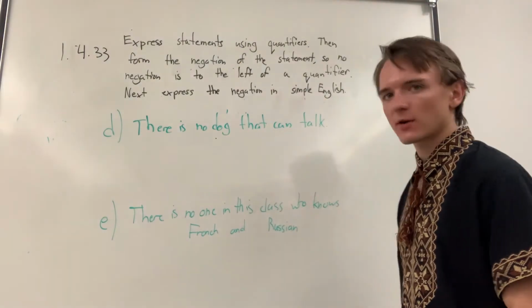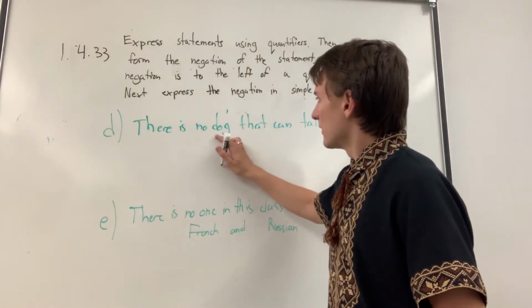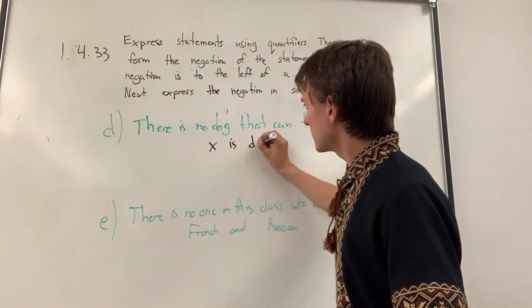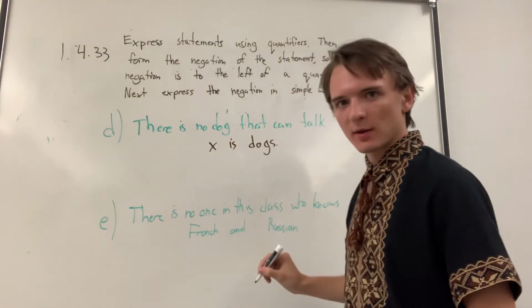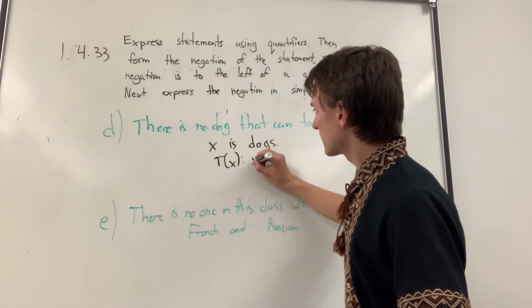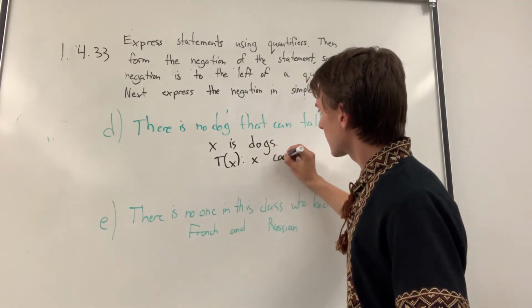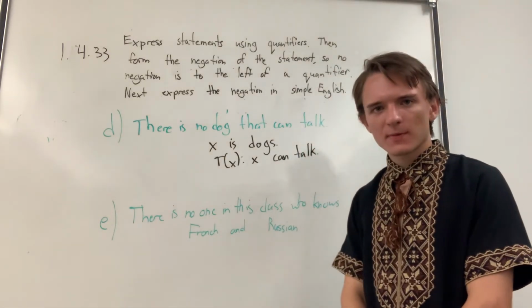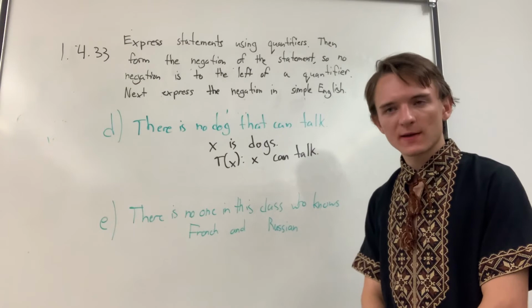There is no dog that can talk. Well, what's our domain? X is dogs. Let's create a predicate. T of x is defined as x can talk. What does our statement look like now?